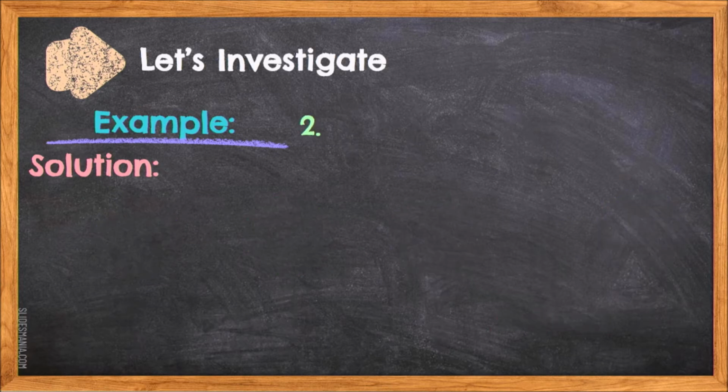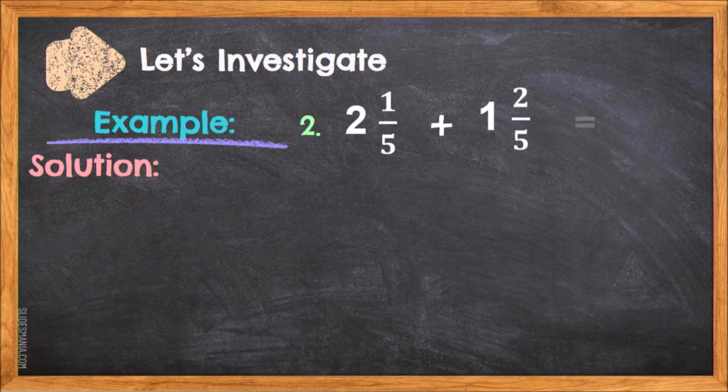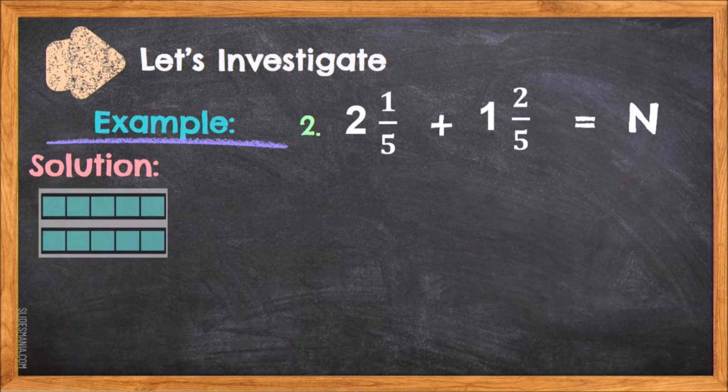Next example, number 2, we have mixed fractions: 2 and 1/5 plus 1 and 2/5 is equal to n. Here, kids, we will just add the whole numbers and the numerators.